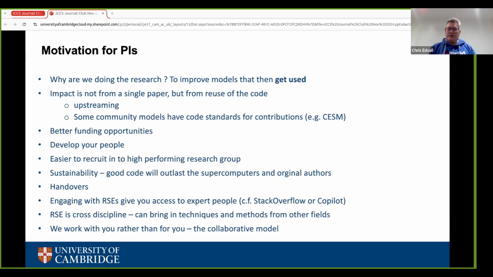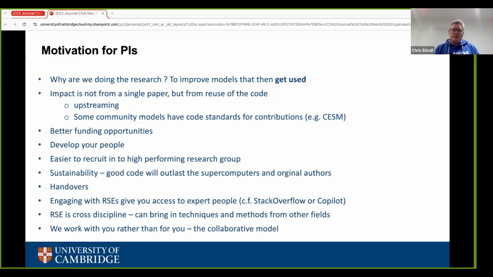Why else? So more existentially, why are we doing science? Why are we doing this research in the field of climate modeling? It's so that we can improve the climate models, and it's not really of much use if we just improve our local build that runs on our site's HPC and no one else gets to use it because the software engineering wasn't put in to make it reusable.